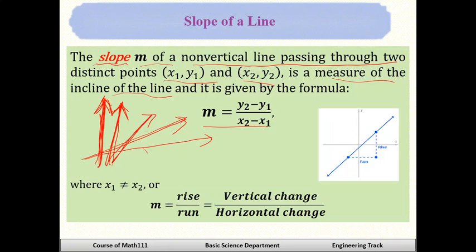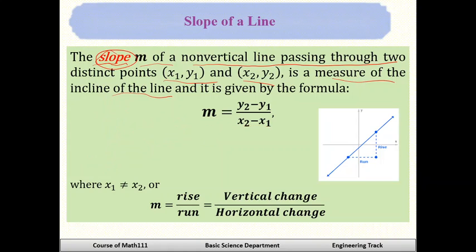So they all have different slopes, each of them has a different inclination. So how to find the inclination? How to check it or measure it? In analytic geometry, or in our Cartesian coordinate system, the slope of a line can be calculated by taking 2 points on the line.